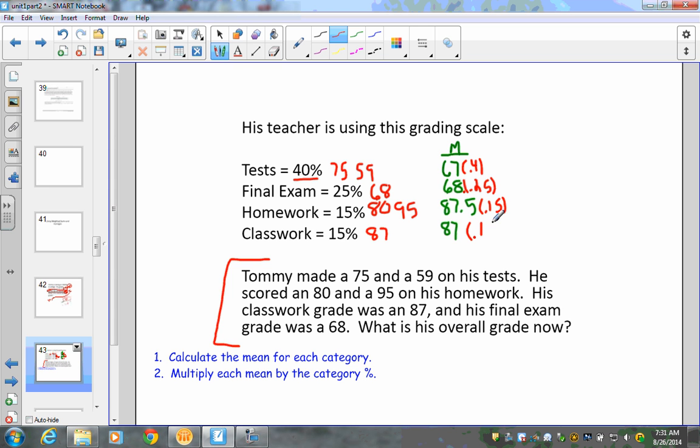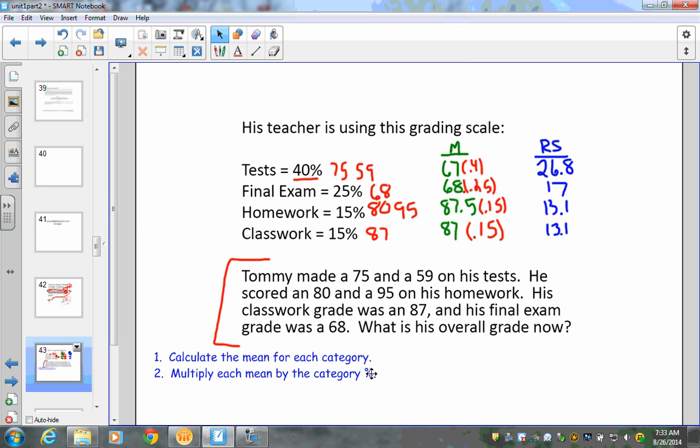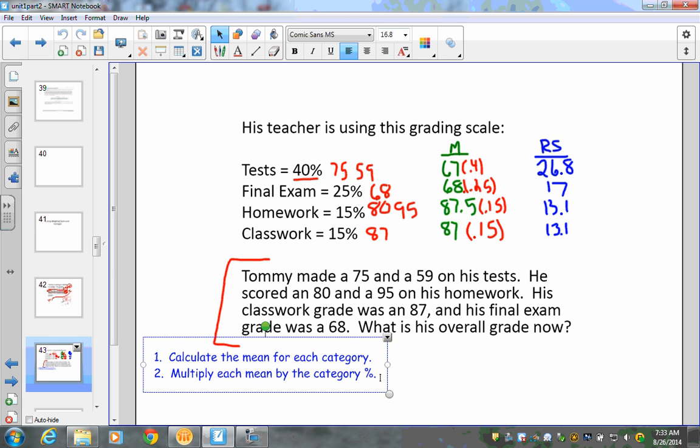And I'm going to get what I would call, for lack of a better word, a raw score. So here's my raw score I have here. All right, so 67 times 0.4. Okay, so I multiplied and I got all this information here.